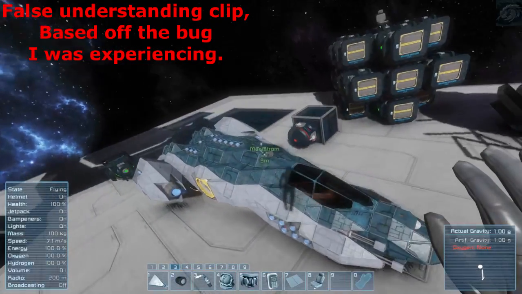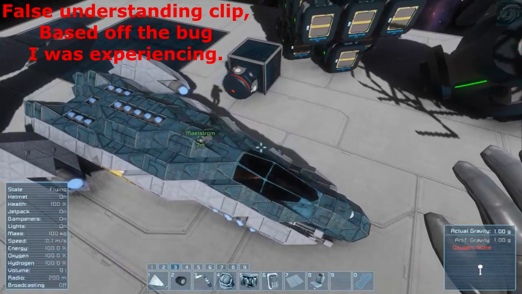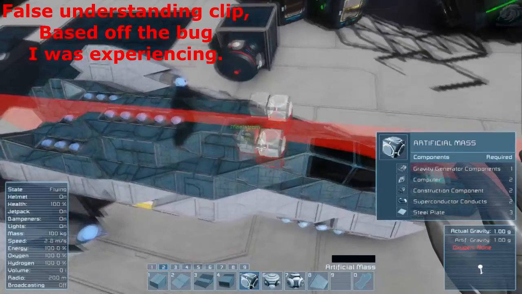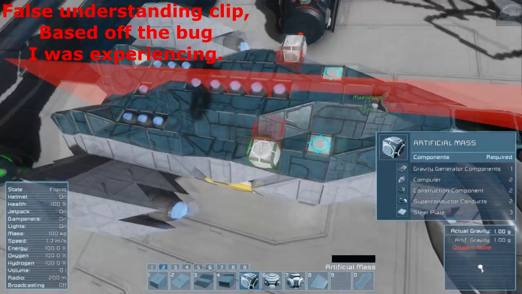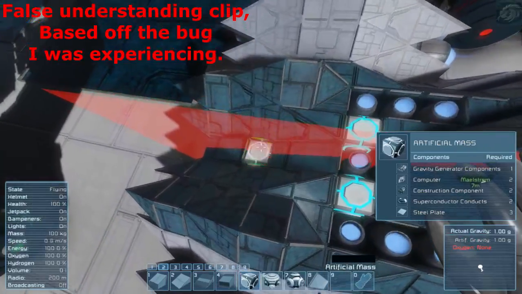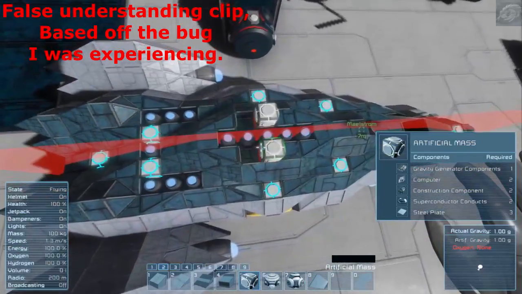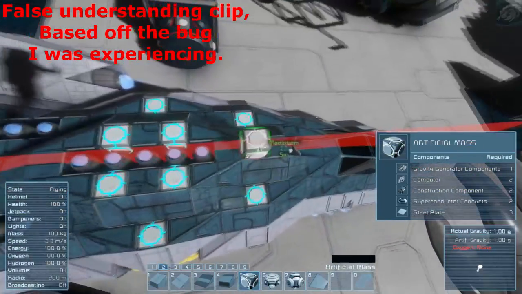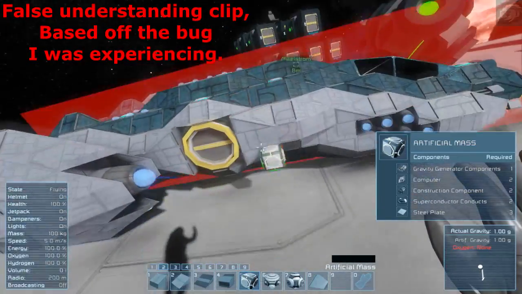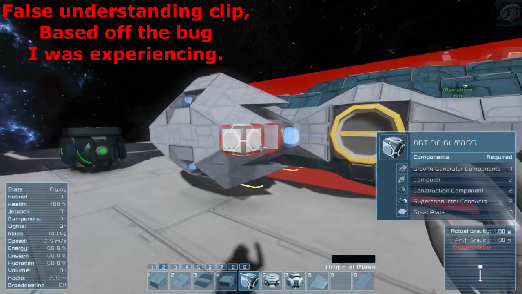So I took one of these designs right here, and I was just going, let's go ahead and start adding a whole bunch of mass blocks into it. This does cause some issues with flight because, remember, it's adding mass, so you have to fight that mass when you're taking off and flying. Normally this thing wouldn't even be able to function within atmosphere.